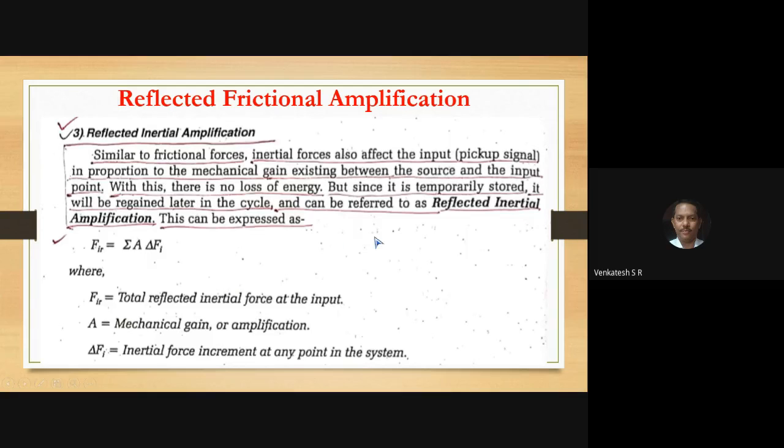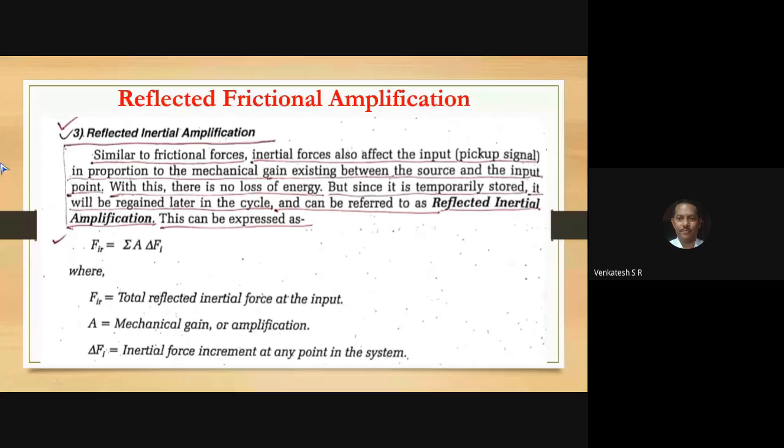Next, while measuring the mechanical gain, you have a little problem in the gearing system or spring system, or in the system itself. That is the problem of frictional loss and inertial loss that always arises in the system, which is called reflected inertial amplification.